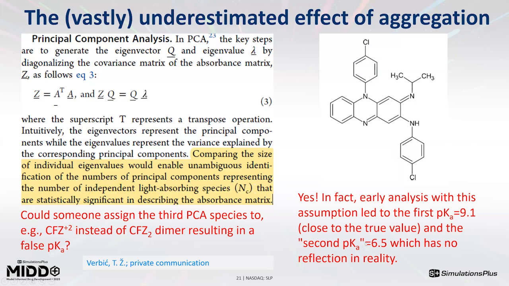And the second pK of 6.5 had no reflection in reality. It's because there are 3 independent light absorbing species: the neutral form, the singly protonated form, and, well, the dimer. But if the dimer is confused for the doubly protonated form, that results in a bogus pKa.